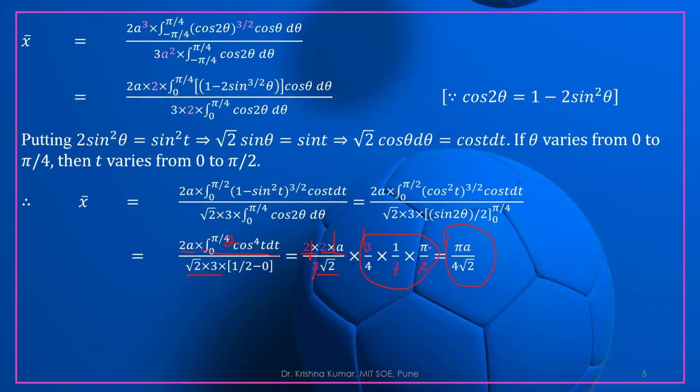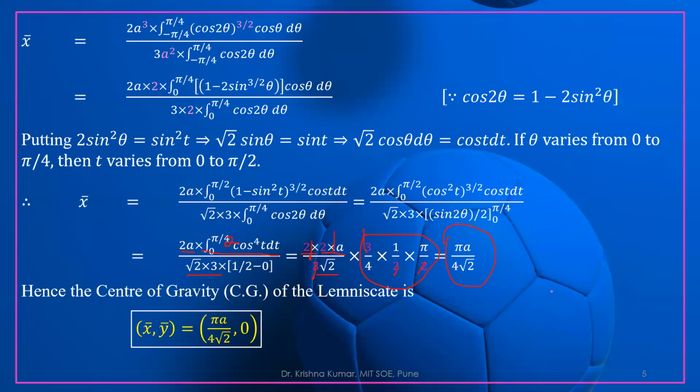This is our answer. So hence the center of gravity of the lemniscate is equal to pi a upon 4 root 2 and 0, because the y coordinate is 0. So in this manner we are able to find out the center of gravity with the help of double integration.